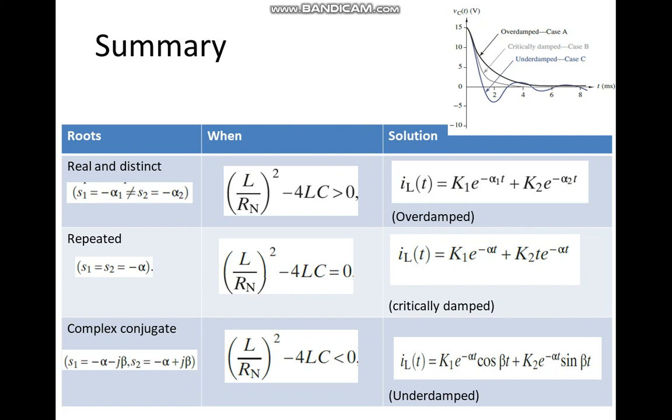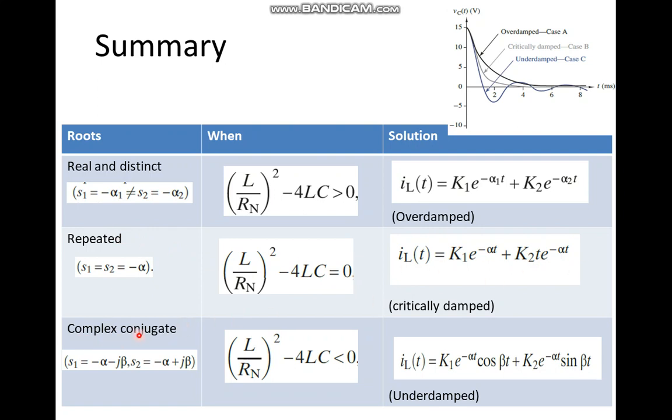Similarly, if the roots of the characteristic equation are repeated, which is possible when L over Rn square minus 4LC becomes equal to 0, then the current in the inductor will be K1 e raised to the power minus alpha t plus K2 times t times e raised to the power minus alpha t. Don't forget this t in the case of repeated roots.